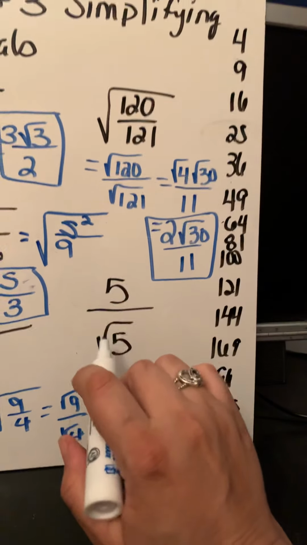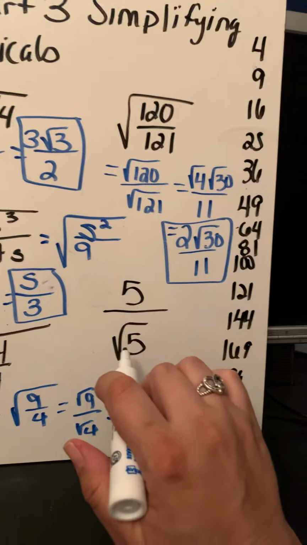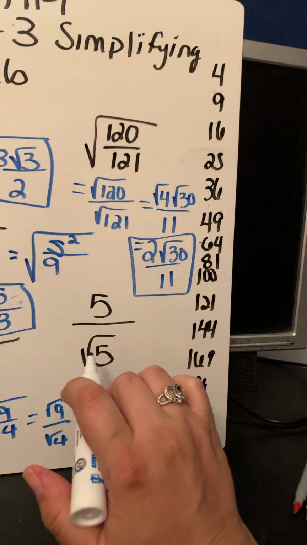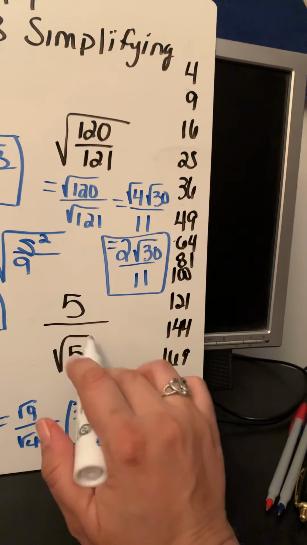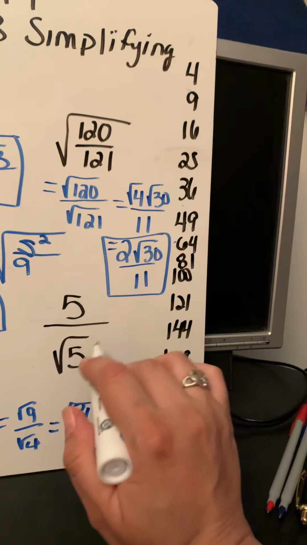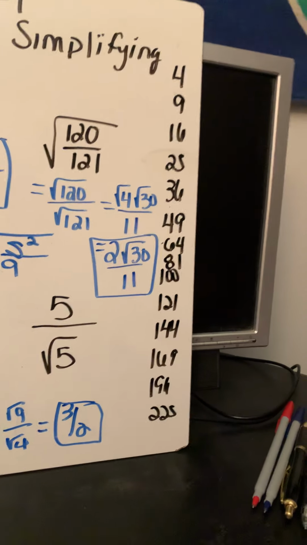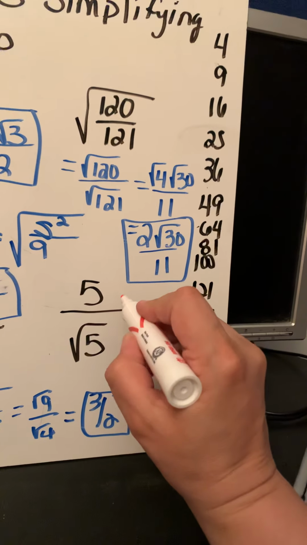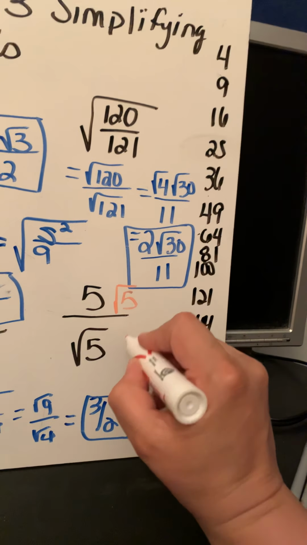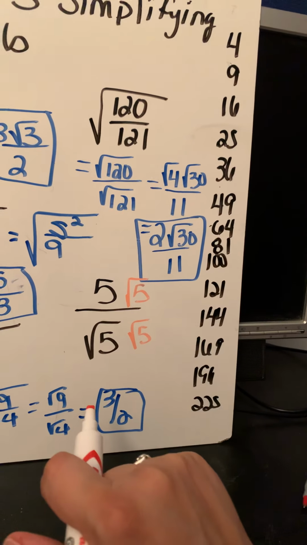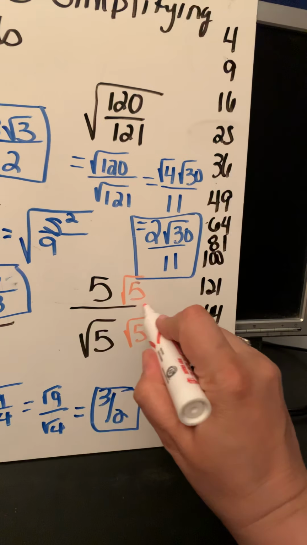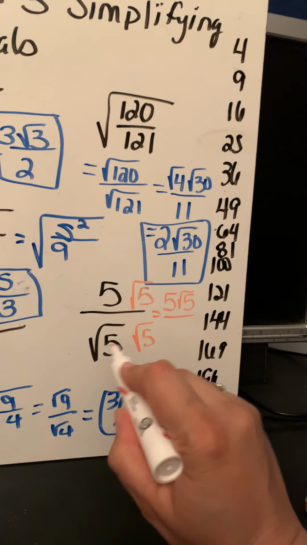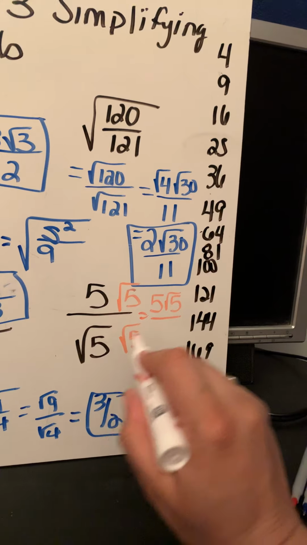Last one. We can never have a radical in the denominator, so we are doing something called rationalizing the denominator. And it's very simple. You multiply by the radical of the denominator to both the numerator and the denominator. Okay, so I'll get a totally different color here. So I'm going to multiply both my numerator and the denominator by root 5 over root 5. So up top, I'm going to be left with 5 root 5 over, that's essentially the square root of 25, which is 5.